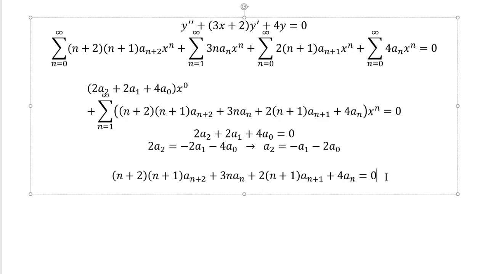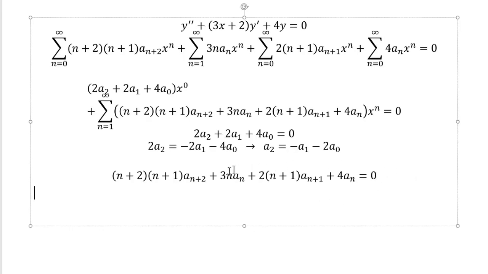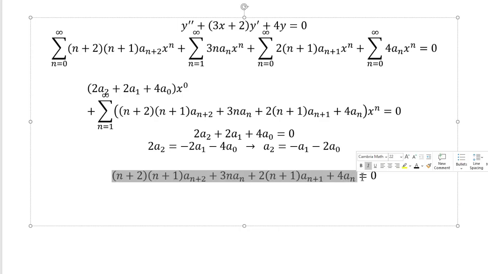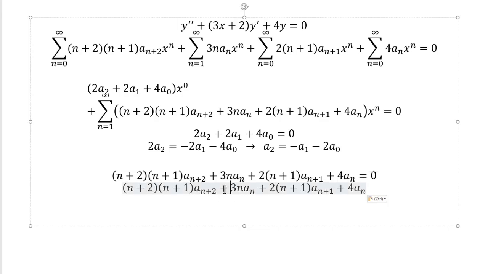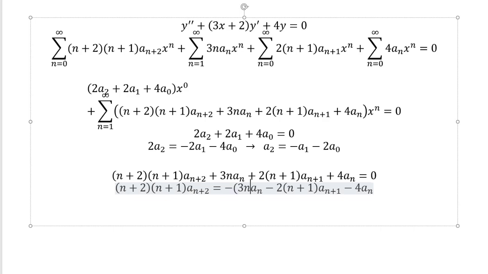So what we want to do is move all of these terms to the other side. So let's see. I'm going to put an equal sign and put minus here, and minus here, and then minus here. Okay, so all of these terms went to the other side, so they all get minus signs. But then since this one has an and this one also has an, you want to combine them and rewrite them as negative 3n plus 4 and delete this.